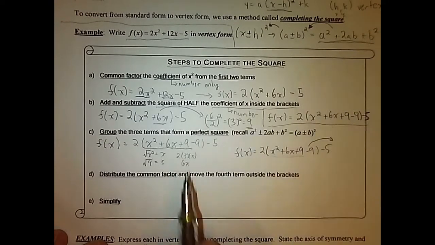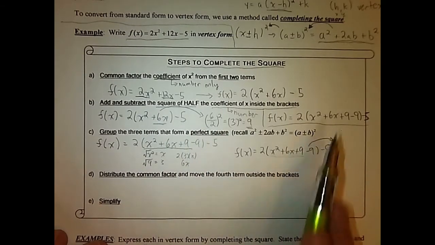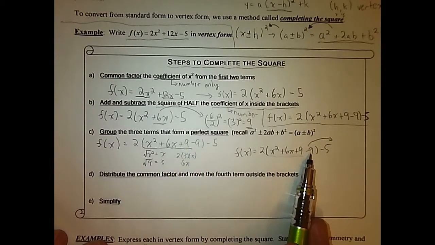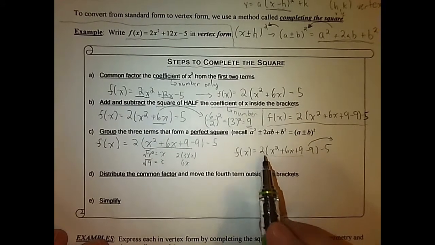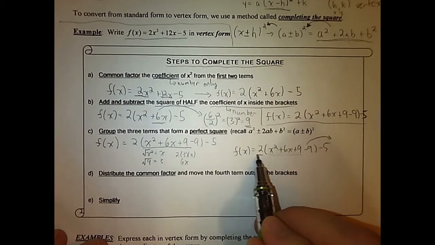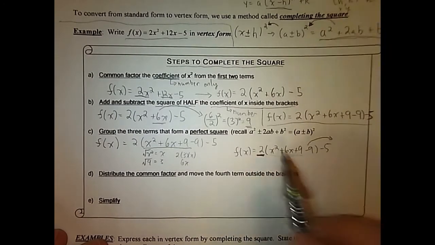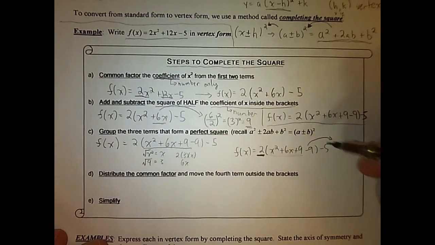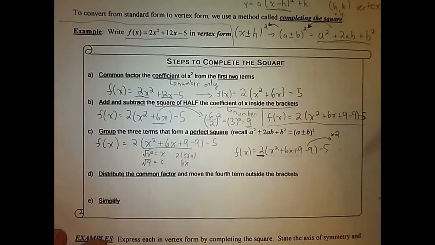I'm going to move it outside of the brackets now. I guess it's kind of confusing how I did it this way. This was just a calculation to know what to put in here. But now I'm actually going to move the negative 9 outside of the brackets. But my rule is, if I'm moving the negative 9 out of those brackets, I have a common factor here. Anything leaving the brackets has to be multiplied by that common factor. So I'm going to multiply it by 2 when it comes out.